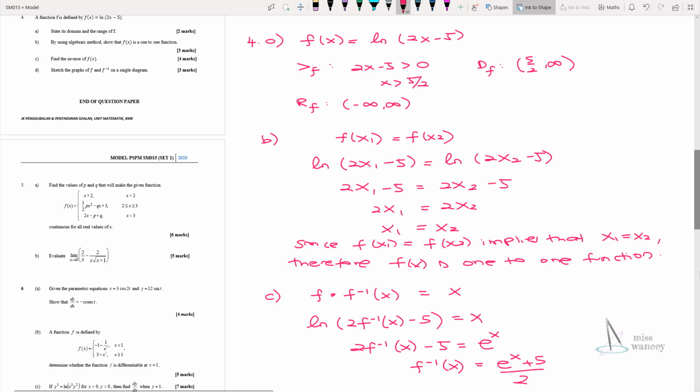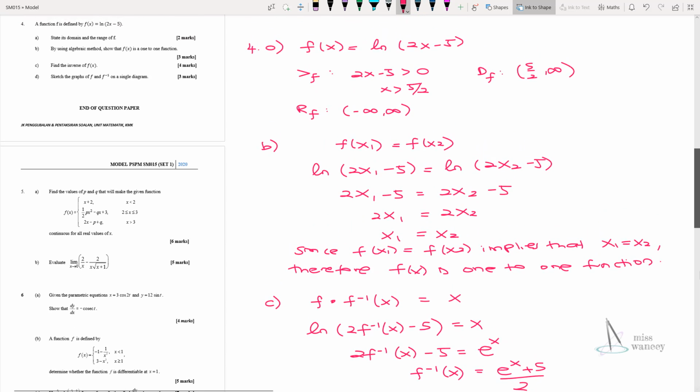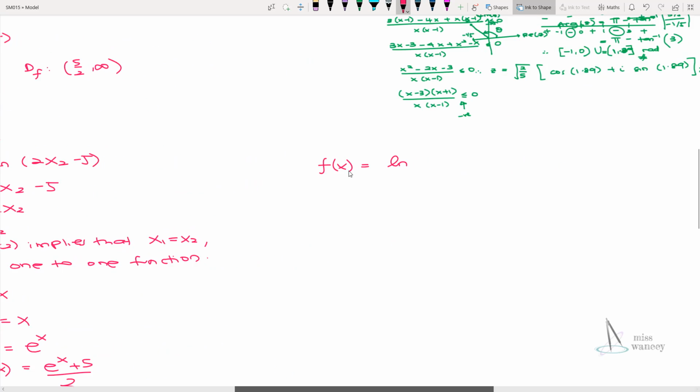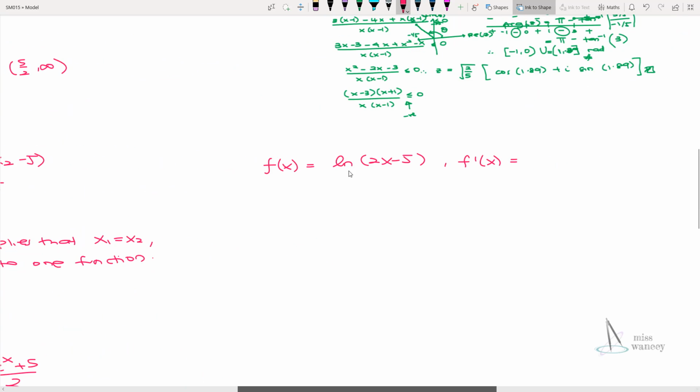Okay, so now we can sketch them on a single diagram. So let us sketch them now. Okay, so we draw a graph. What is f(x)? f(x) is ln of 2x minus 5, and f inverse is (e to the x plus 5) over 2.